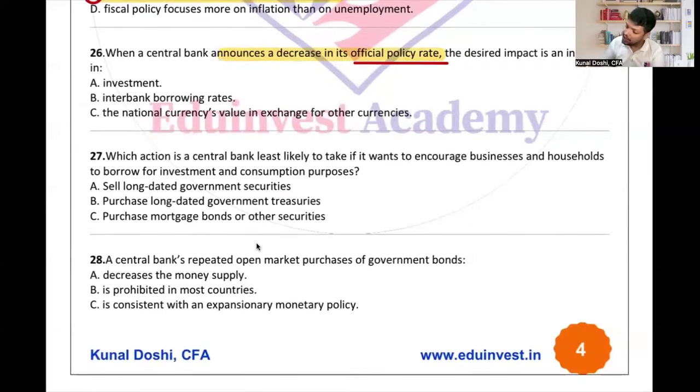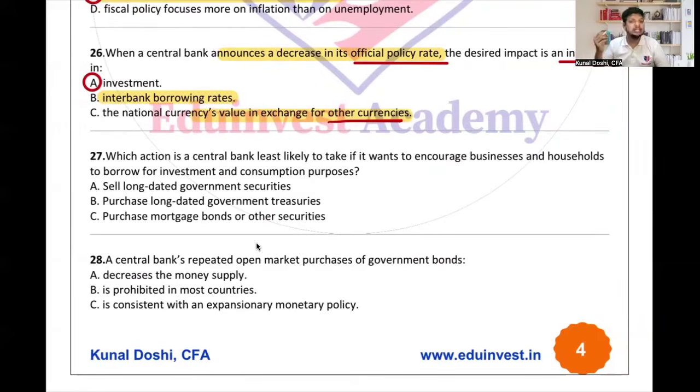Next, when the central bank announces a decrease in the policy rate, it's monetary expansionary, right? The desired impact is an increase in what? Investments? Yes or no? When the rates go down, investments will increase. No problem with that. Borrowing rates will actually go down. Currency's value will actually depreciate or appreciate? National currency's value in exchange of other currencies. When the government reduces the rate, what happens to the currency?